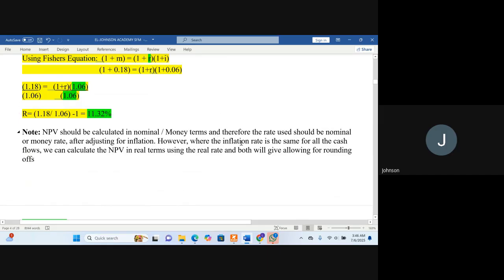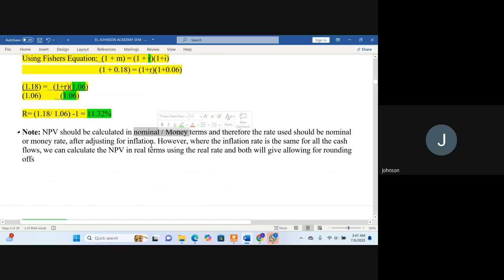However, when the inflation rate is the same for all the cash flows, let me let you understand though. They say normally, as a standard, NPV should always be calculated in the money and the nominal terms. So that means NPV must always be calculated with inflation. That's what they are saying.